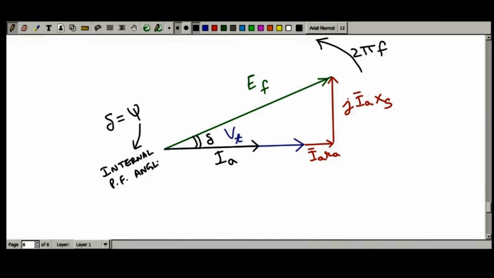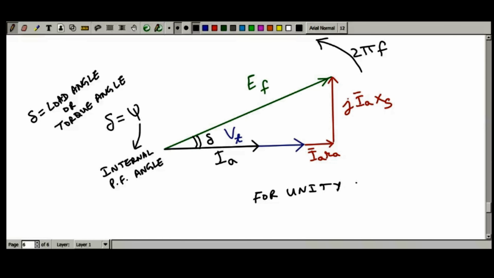Okay. And delta is the load angle, or it is also sometimes known as the torque angle. So this is the phasor diagram for unity power factor load.